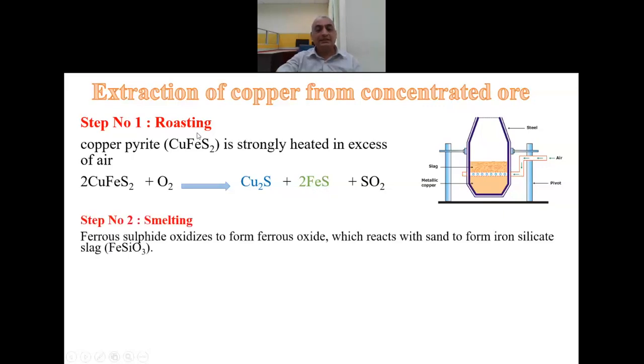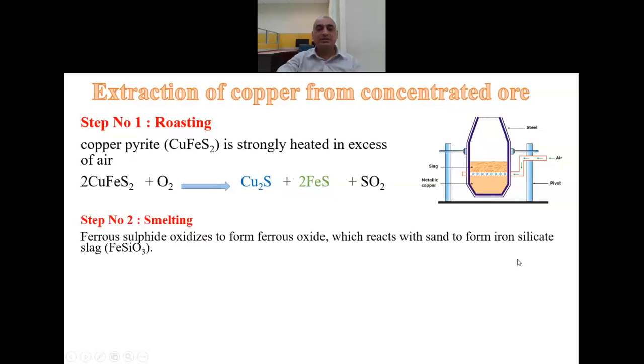The next stage is called smelting. Ferrous sulfide oxidizes to form ferrous oxide, which reacts with the sand to form iron silicate.